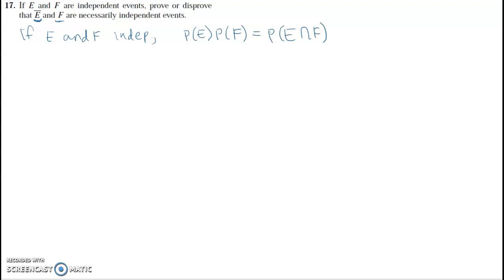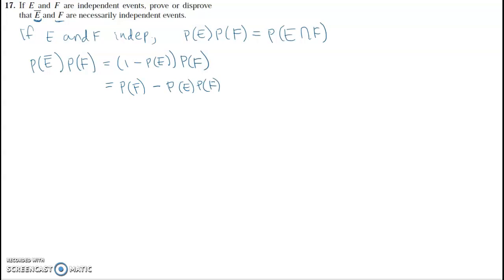Okay, so let's try to find the probability of the negation of E times P of F. The probability of not E is the same thing as 1 minus P of E, times P of F. By the distribution law, we have P of F minus P of E times P of F. Which could also be the same thing as P of E and F, using the simple rule of substitution.